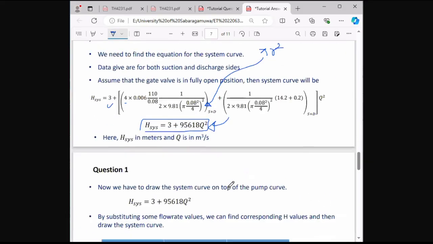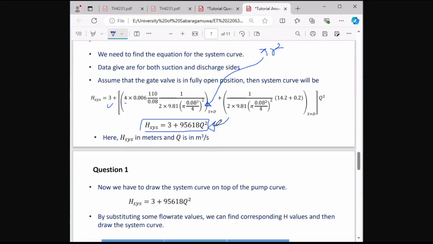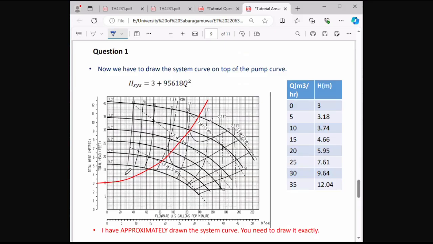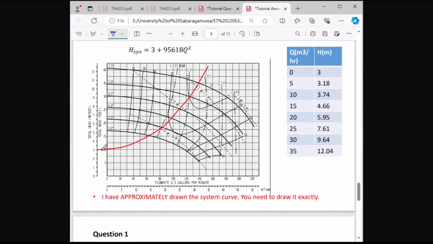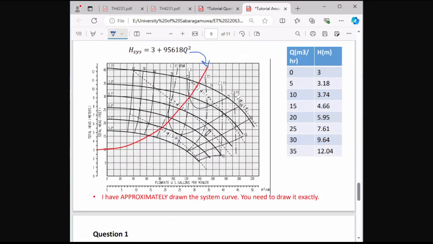Then you can draw this H versus Q graph on top of the given graph by the manufacturer. Here, the red color one, we can draw according to this equation.